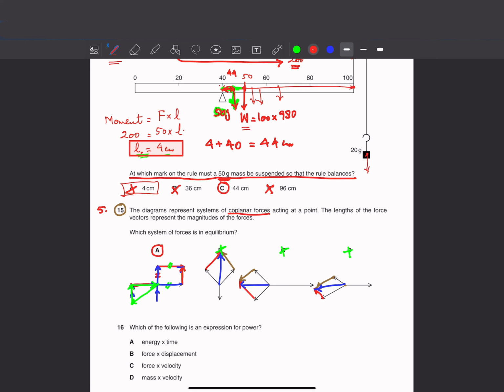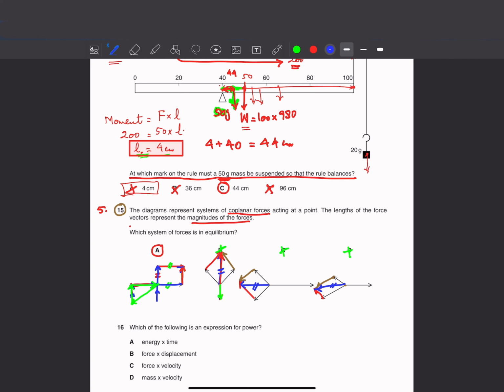As you know, they are mentioning here that the lengths of force vectors represent the magnitude of the forces. So it means that you can see here that this magnitude and this magnitude, or this length and this length, and this vector which they have given and this resultant which we are getting are not of the same magnitude. Same is the case here and same is the case here.